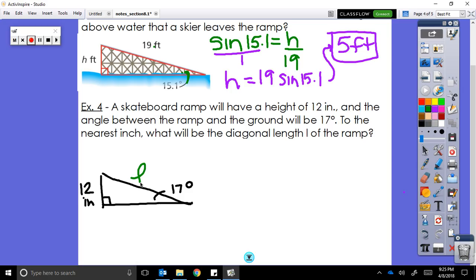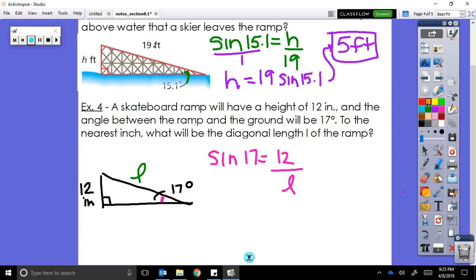Alright, so let's stand at our angle. If we stand here at my 17, I have the opposite. I need the hypotenuse. It's sine again. So sine 17 equals 12 over L.